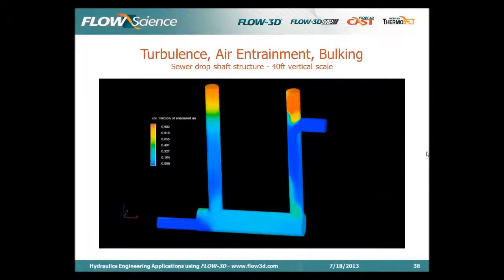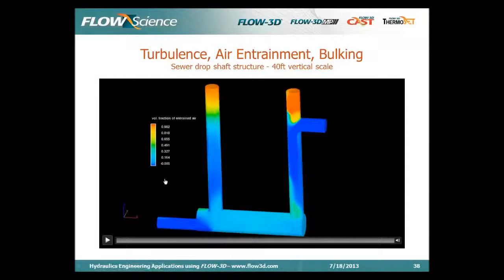Now this example is a drop shaft structure for municipal flow. So what we have on the top right here is sewer water coming in, and then as it falls down it entrains a lot of air, and some of those bubbles will float up to the surface through this exit duct, and this duct connects to the central network of the sewer system.